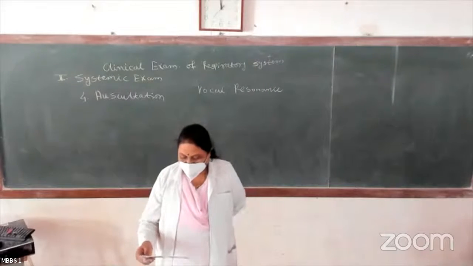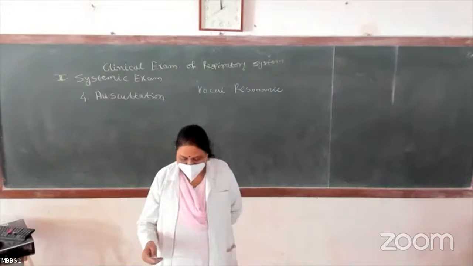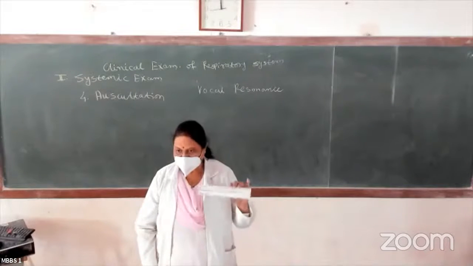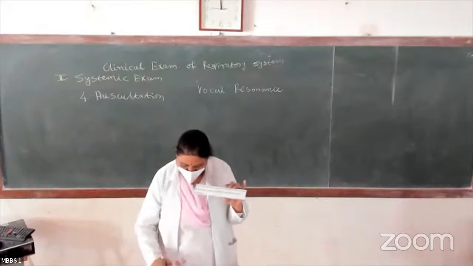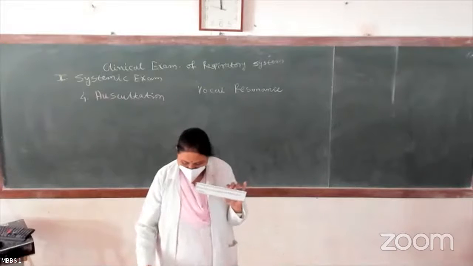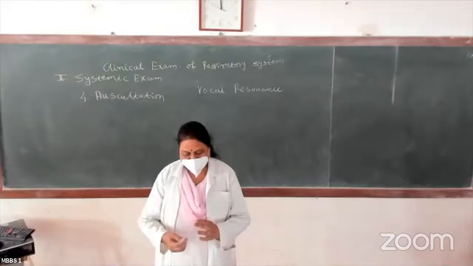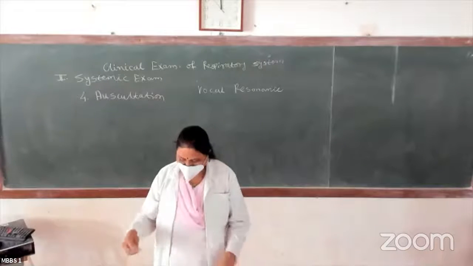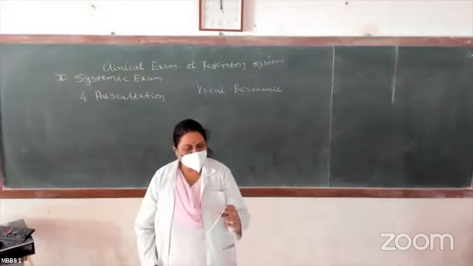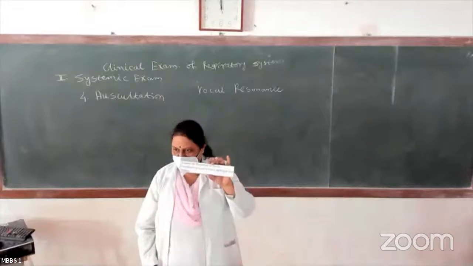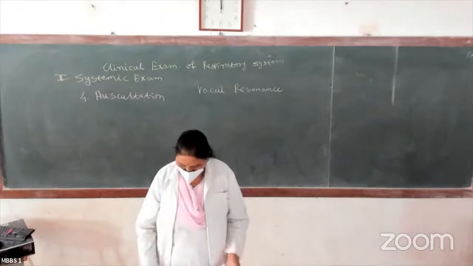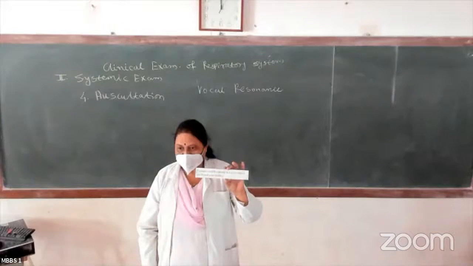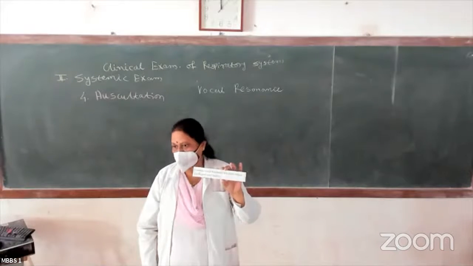For percussion: examine the respiratory system by percussion method on the given subject and report your finding, 10 marks. Then examine chest movements, 10 marks, that is palpation. Examine the respiratory system by auscultation and report your finding. Examine vocal resonance in the given subject and report your finding.